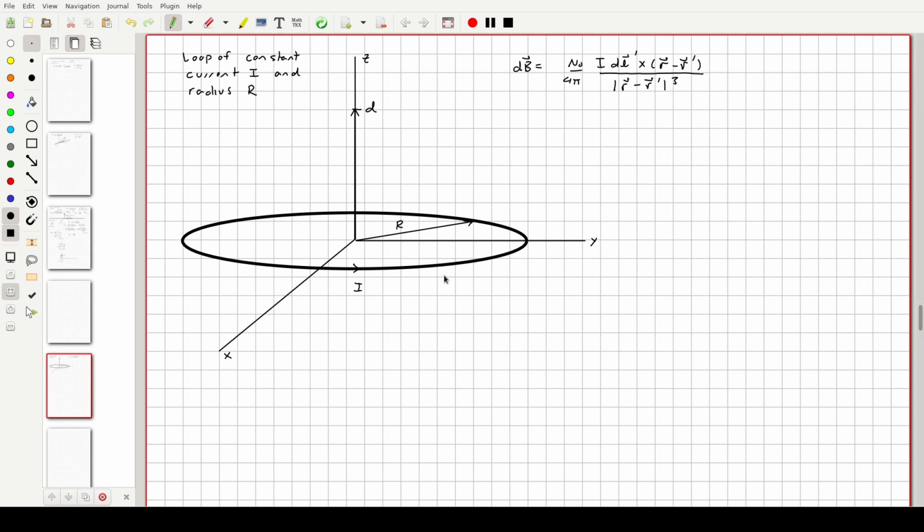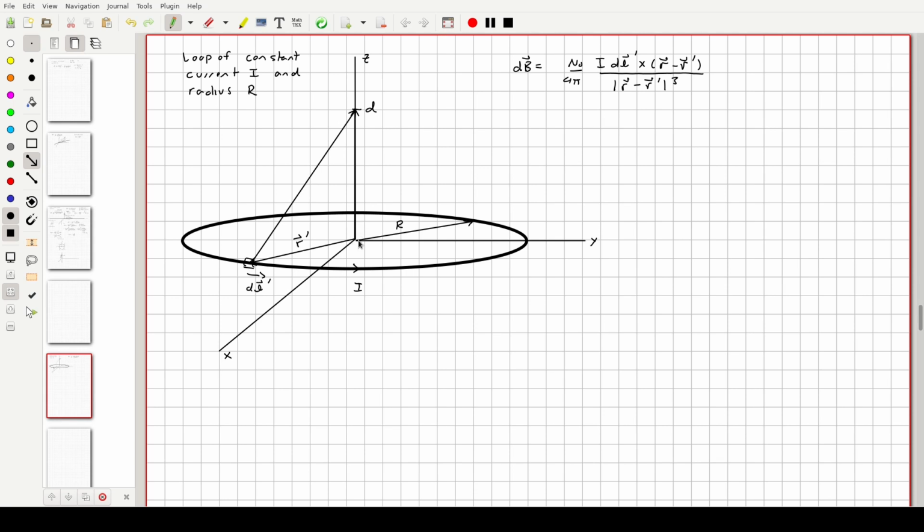Let's talk about what these are now. So we'll pick a little bit of current element right here. This is the direction of dl vector. Remember, that's always in the direction of I. We're going to talk about what that is here in a moment. This right here locates my little bit of current. So that right there would be r prime. And then the point of interest that we're looking at is right up over here.